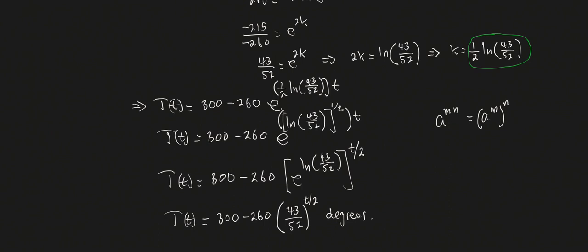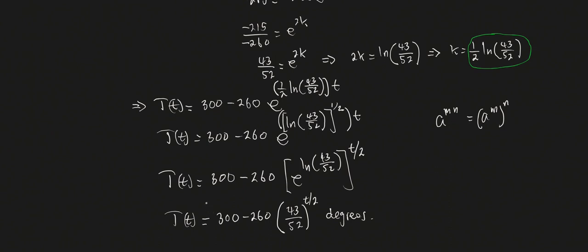Now we have this exponential function, and if we wanted to, we could do lots of other things. We could find out what the temperature is 4 minutes after it was placed in the oven, or we could figure out how long it would take for the temperature to get to a certain point, like 150 degrees or 200 degrees, meaning the temperature of the object. The temperature of the oven, in this case, is being kept constant, right?